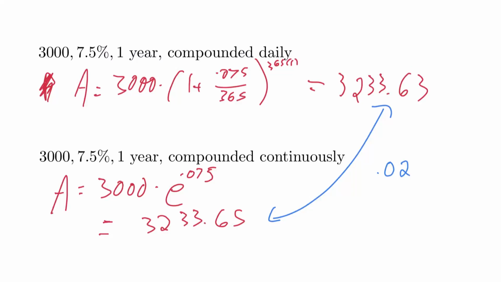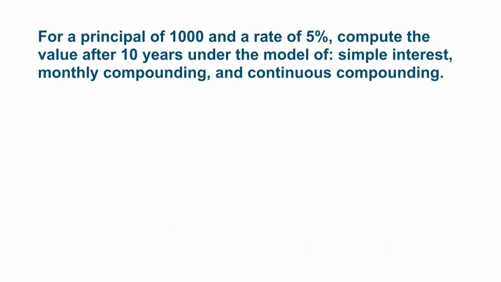So again, let's look at an example where I have a fixed principal of 1,000, a fixed rate of 5%, and a fixed time of 10 years. And I'll look at how much interest I earn, or what the total value of my investment or loan is, under the simple interest model, the model of compounding every month, and the model of compounding continuously.